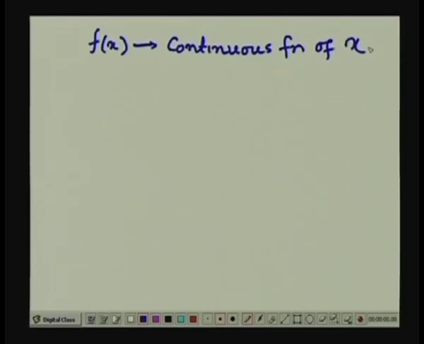Then the Fourier transformation of this function f(x) is also written as capital F of u.